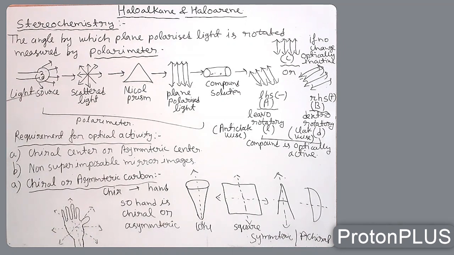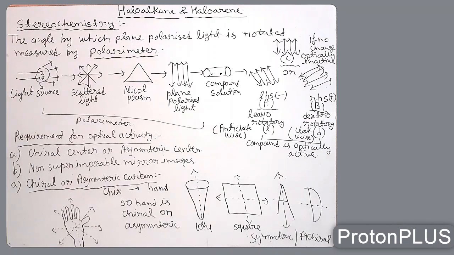Levo and dextro are represented by the symbols L and D respectively. So when this beam of light follows either A or B, that is LHS or RHS, the compound is said to be optically active.